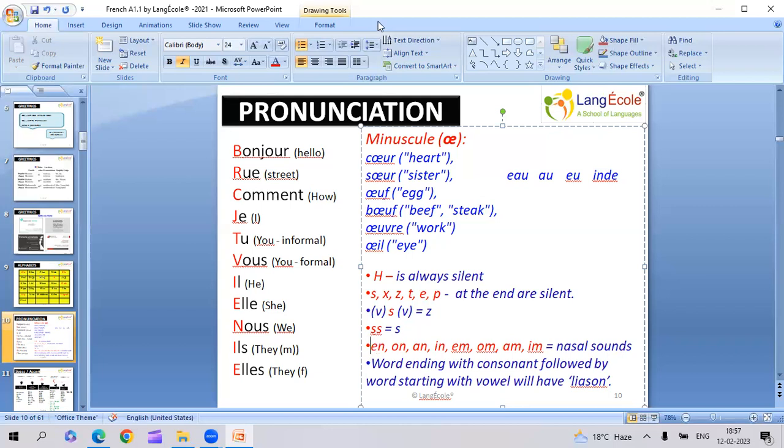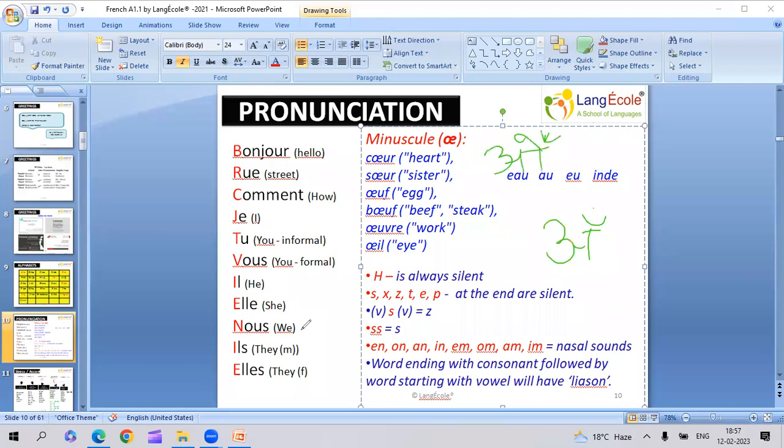Okay, so for this you will put a nasal accent, like this, and the closer sound is like this. You have this on, then on.